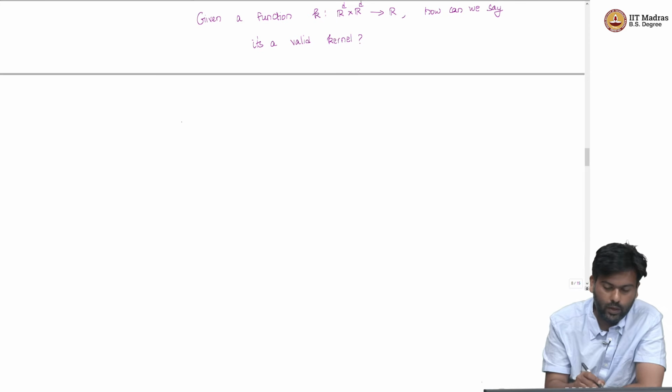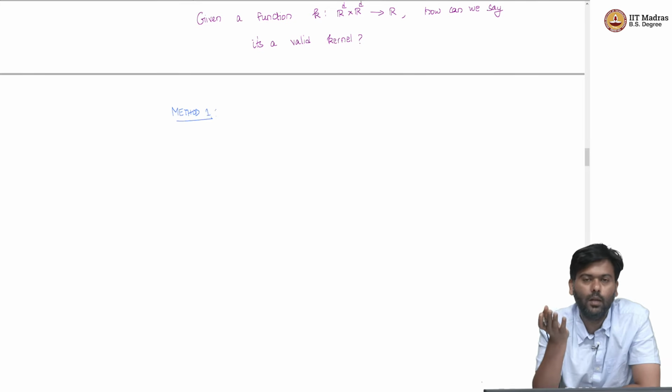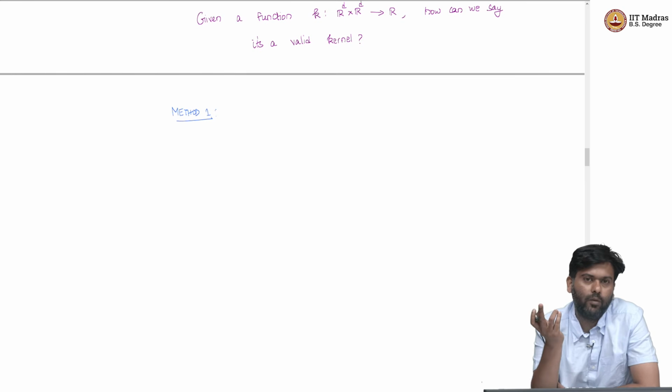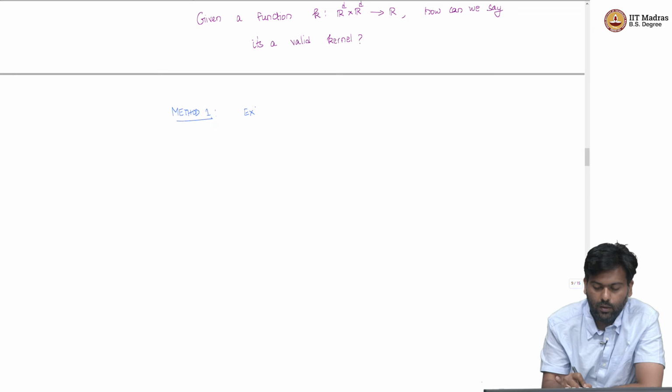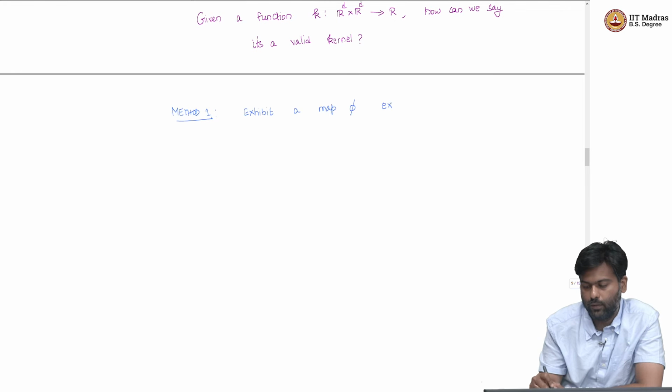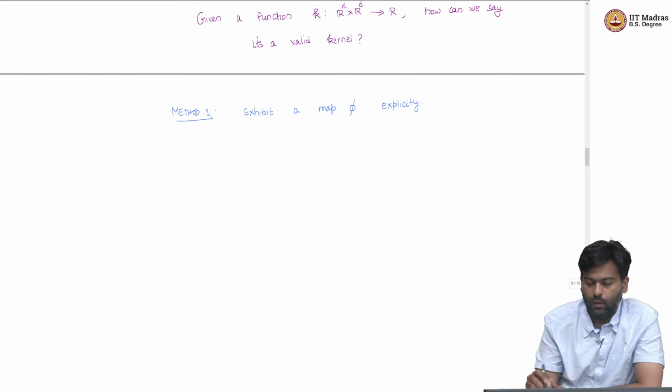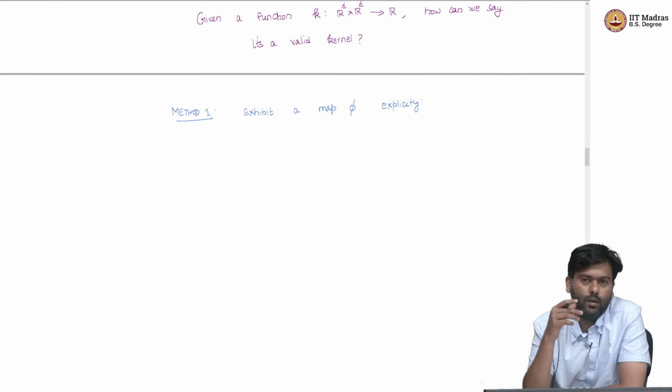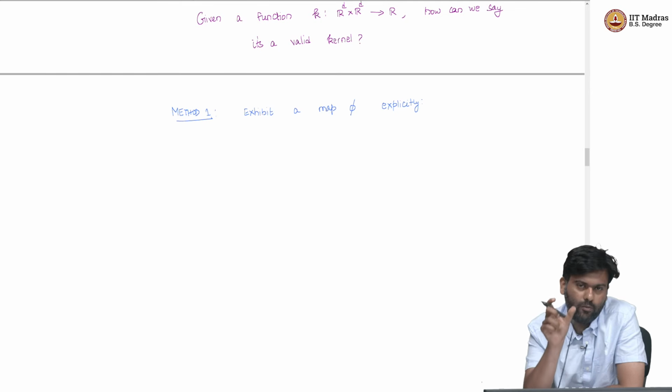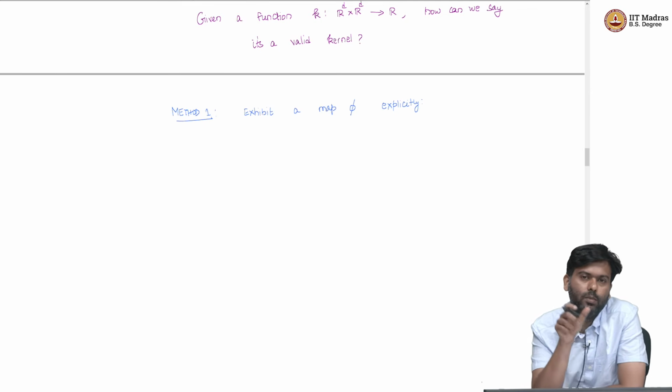Well, we have seen one method already to convince ourselves, so that is method 1, which is the standard method, where you say that, hey, you think this is a kernel, well, which means there must be some mapping phi. So, if I can exhibit such a map phi explicitly, like how we did for the quadratic kernel, the power 2 kernel, we exhibited that phi of x explicitly and said that (x transpose x plus 1) power 2 is actually a dot product in the mapped space.